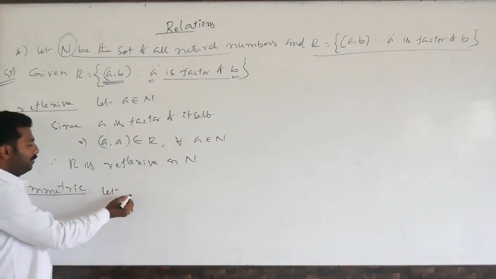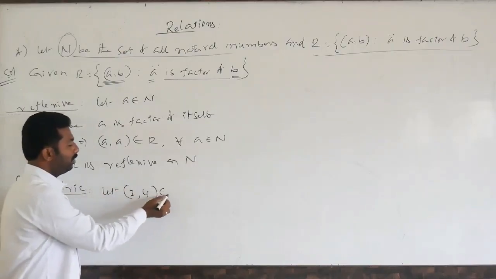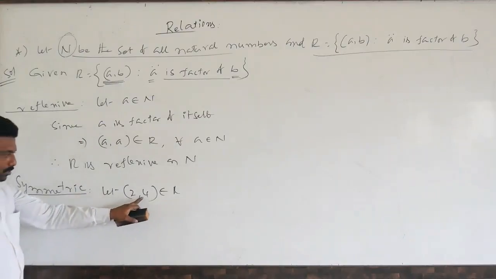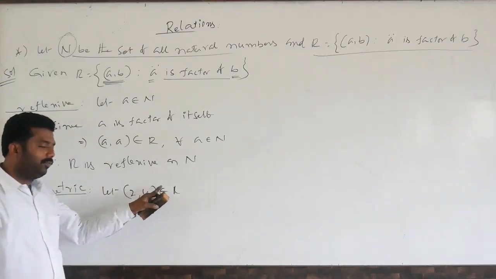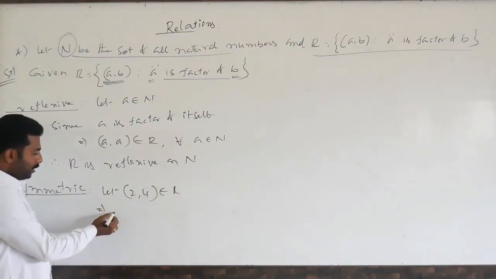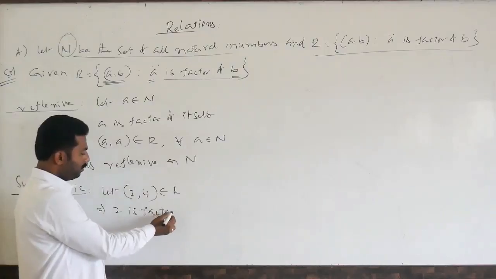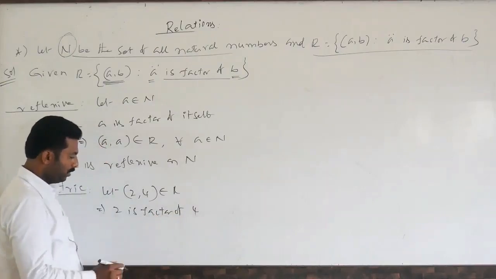Let (2, 4) belong to capital R. Yes or no? Yes, this is true. 2 is a factor of 4.